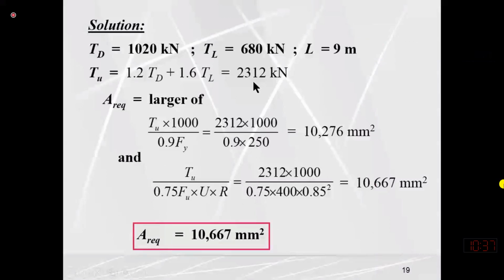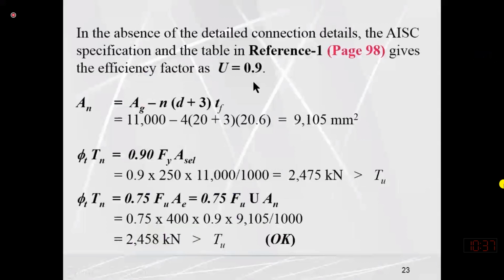Similarly, we need to determine the capacity in rupture. Phi value is 0.75 in rupture, with ultimate strength, because rupture will occur when the stress is more than the ultimate strength. In rupture criteria, we always use effective area, determined by multiplying the U value with the net area.